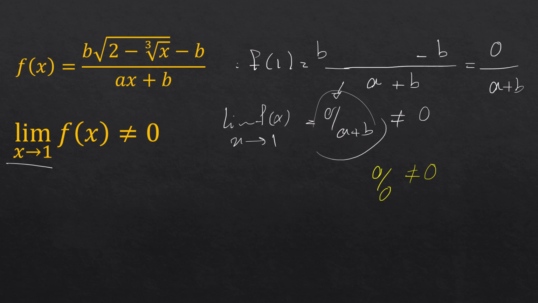And when a plus b equals 0, I can conclude that a equals minus b. That means wherever I have a, I can replace that by minus b, or wherever I have b, I can replace that by minus a. Okay, that helps me to rewrite the whole function. Okay, so let's see what we get from this.